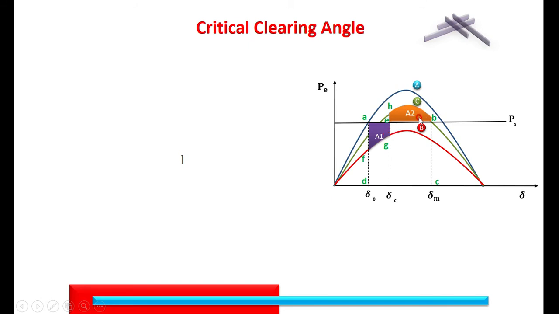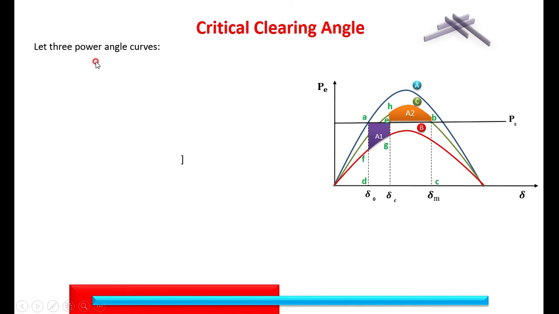In that case, A1 is not equal to A2, then the system is losing its synchronism. It is a maximum angle at which you are clearing the fault. At that instant of time, just A1 is equal to A2. With this, we'll see what is the value of this particular angle, that is, at what maximum value of angle delta you can clear the fault so that the system remains stable.